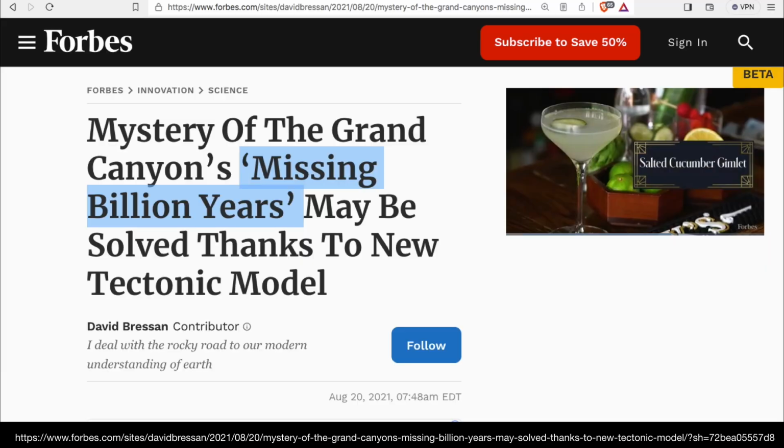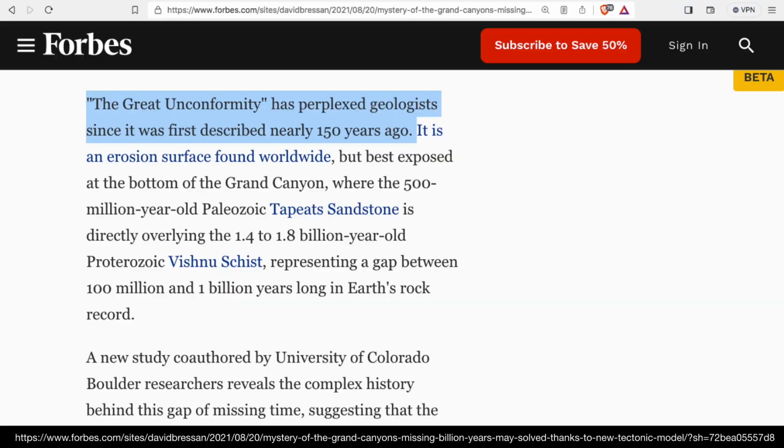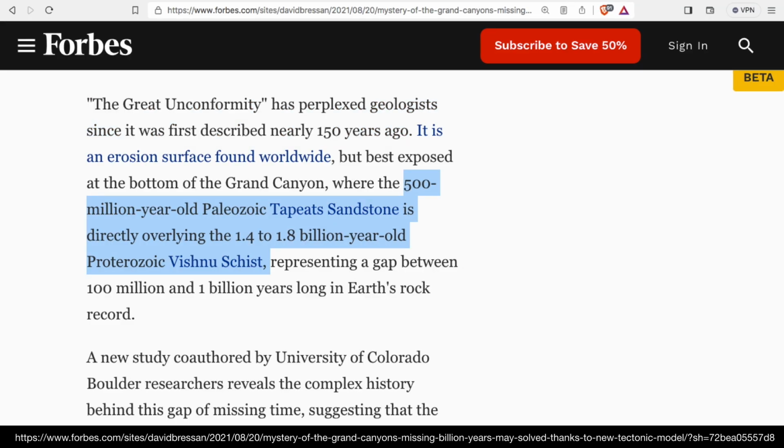And then Forbes even talks about it. The mystery of the Grand Canyon's missing billions of years. Those people who went to the Grand Canyon, did you know there was missing billions of years? Did they show you that? No, I don't think so. It may be solved, okay, but the great unconformity has perplexed geologists since it was first described nearly 150 years ago. 500 million year old Tapeats sandstone is directly overlaying the 1.4 to 1.8 billion year old Vishnu schist.